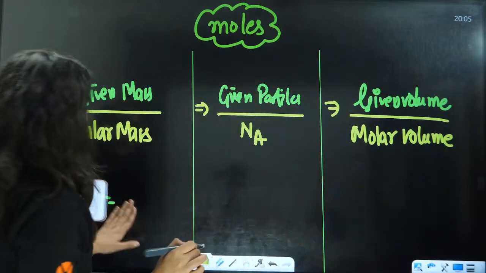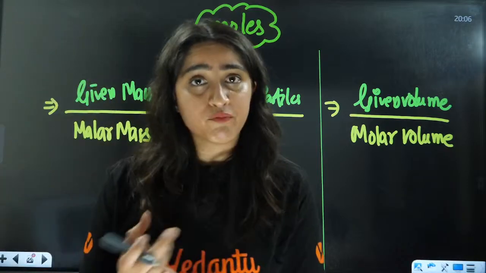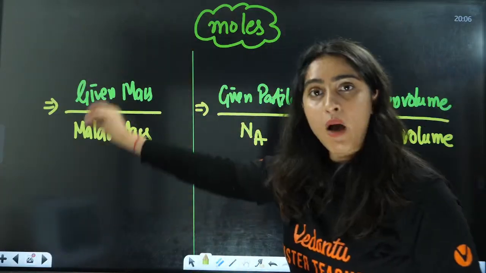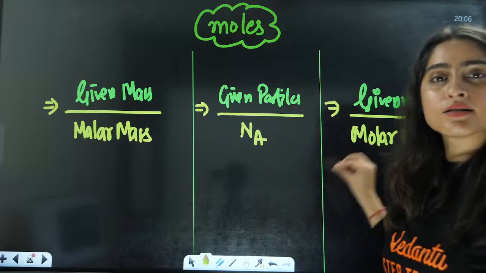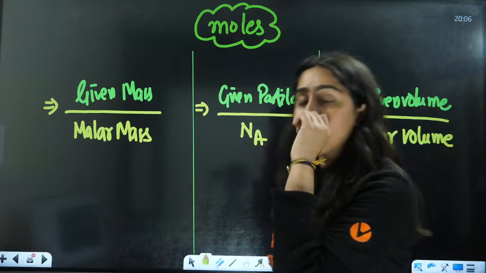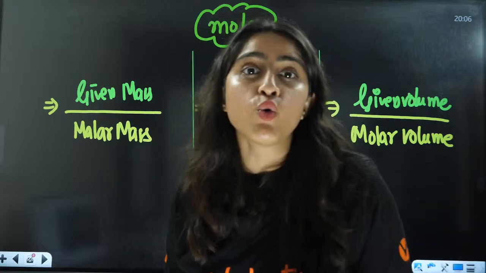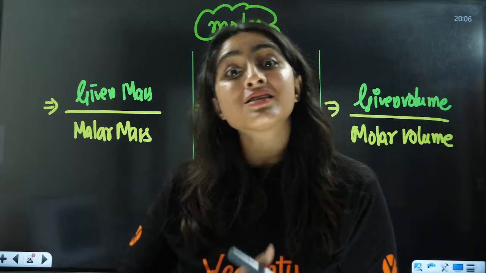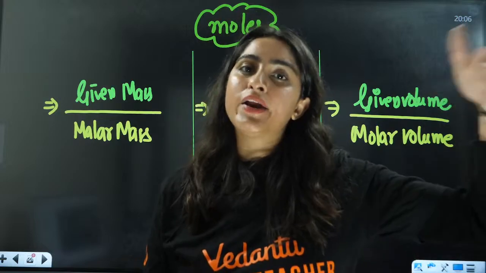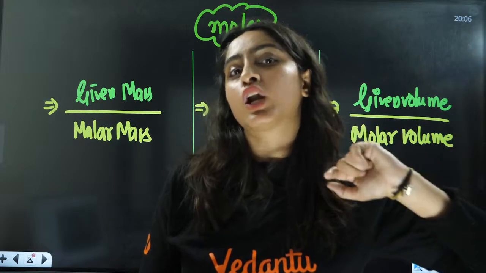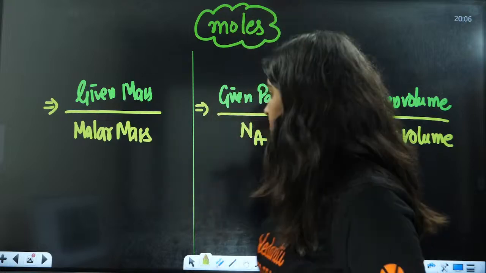Now, we have converted 3 formulas here, right? One is in mass, second is in particles, third is in volume. For example, for H2 the molar volume is different; for nitrogen, the molar volume is different. For every different gas, molar volume is going to be different here, right?